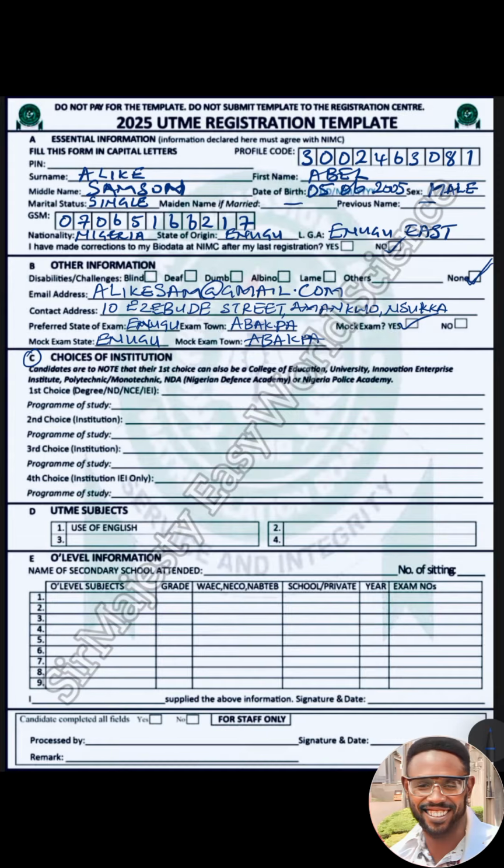Maybe for my first choice, I want to use a degree. I can cancel out this and leave only degree. In my first choice, the school should be, maybe I want to study in University of Nigeria, that's UNN, Nsukka.